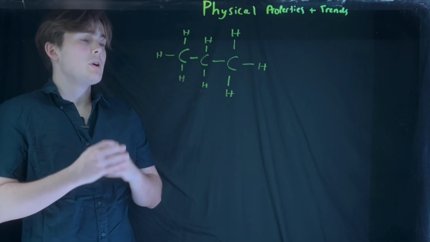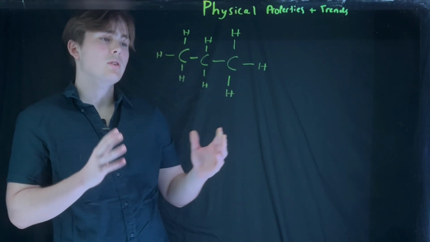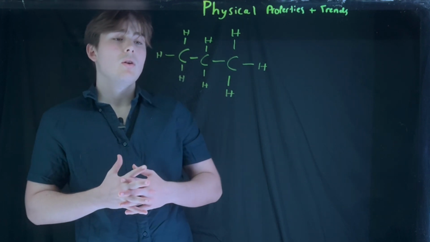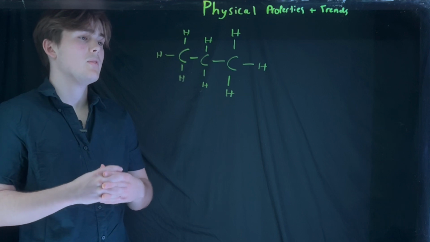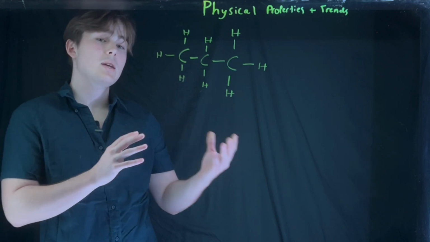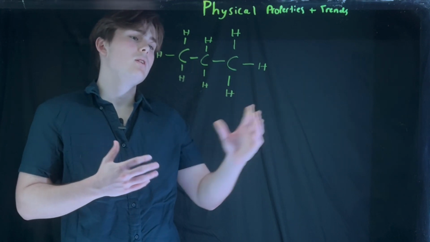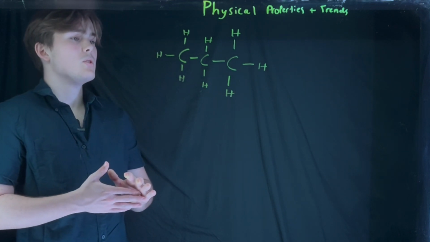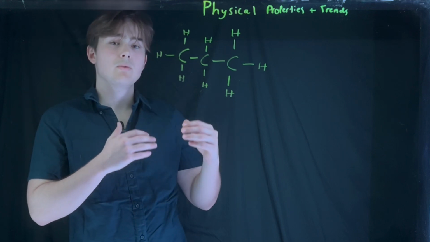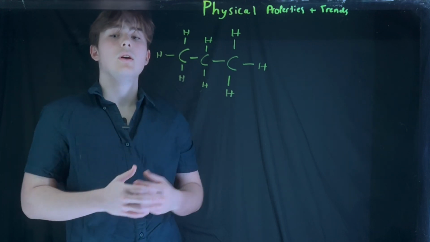So back to propane. Propane is a relatively small carbon chain. When you have 3 carbons in the chain, if we compare that to something like pentane or butane, they obviously have more carbons in the chain, and that is going to increase the melting point and boiling point.